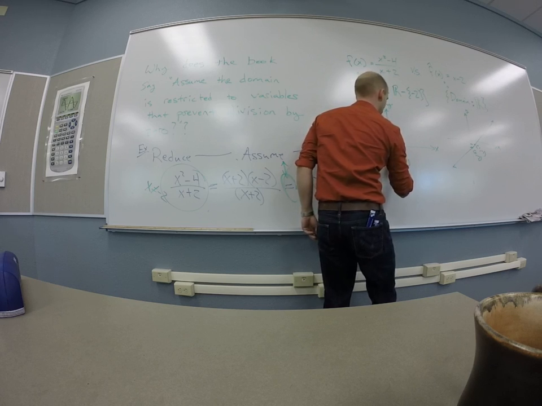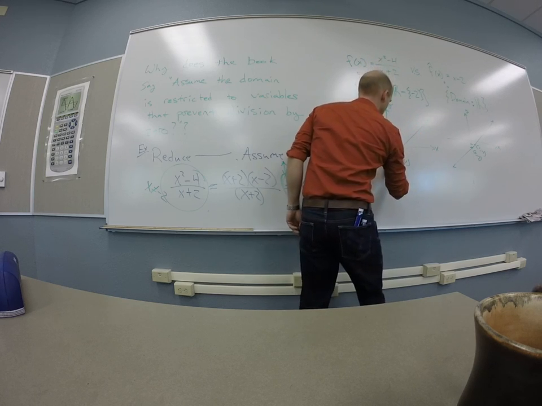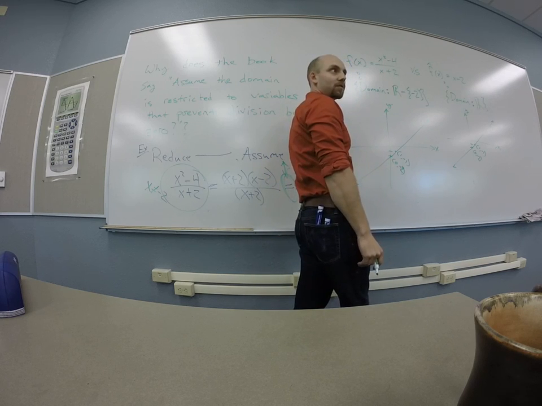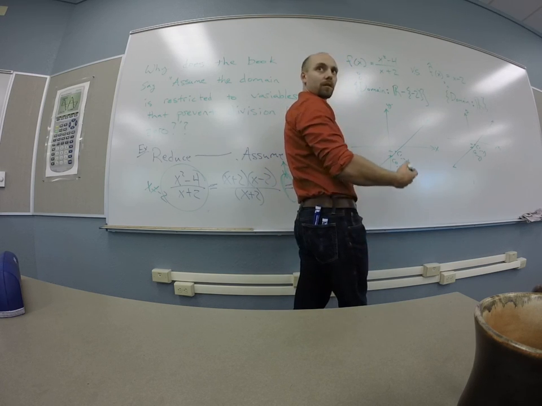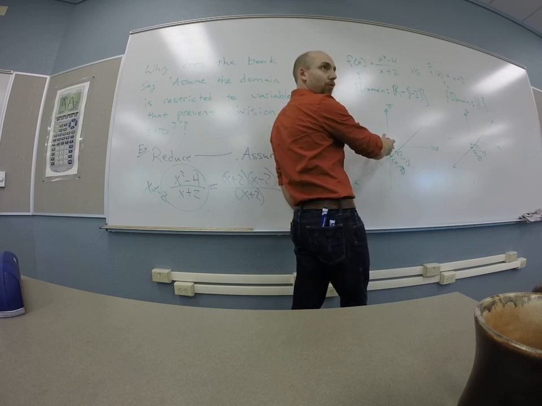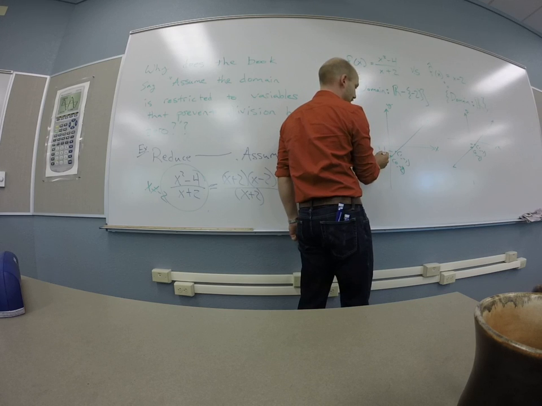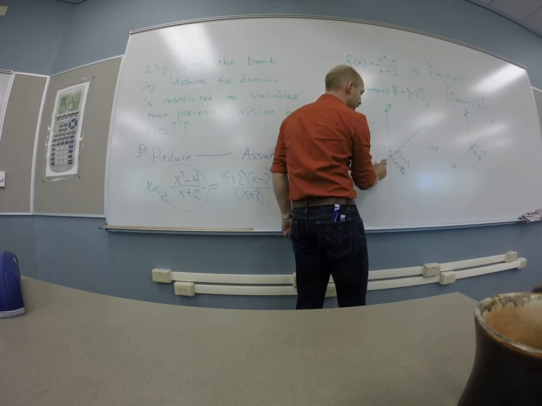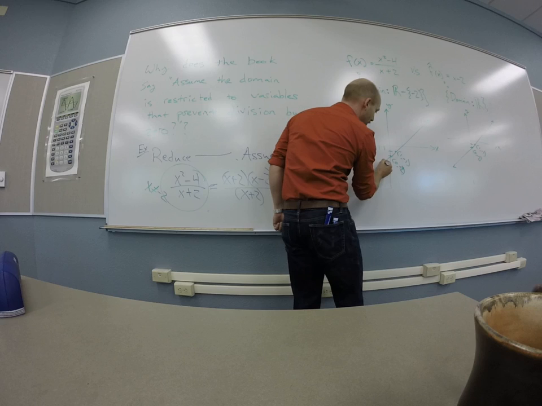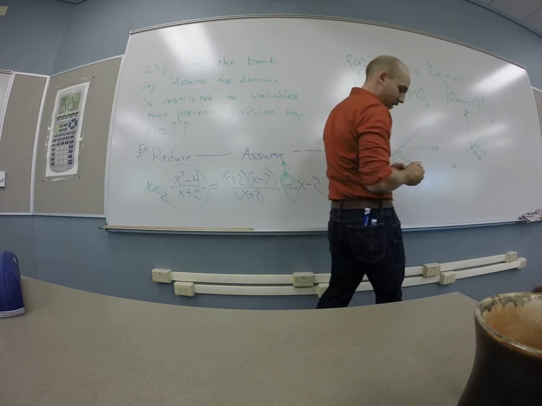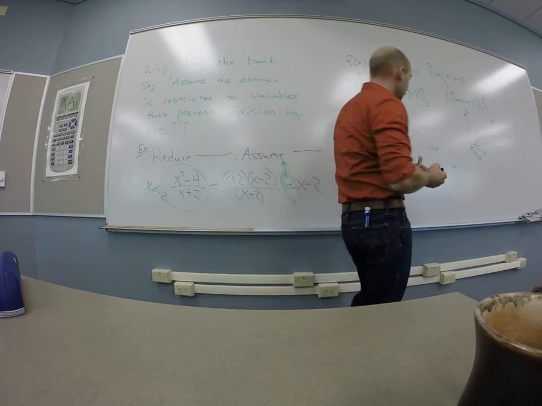X can't be -2. So where is x equal to -2 on this picture? I have to go left 2. So there's a hole here, where on the other one there isn't a hole.